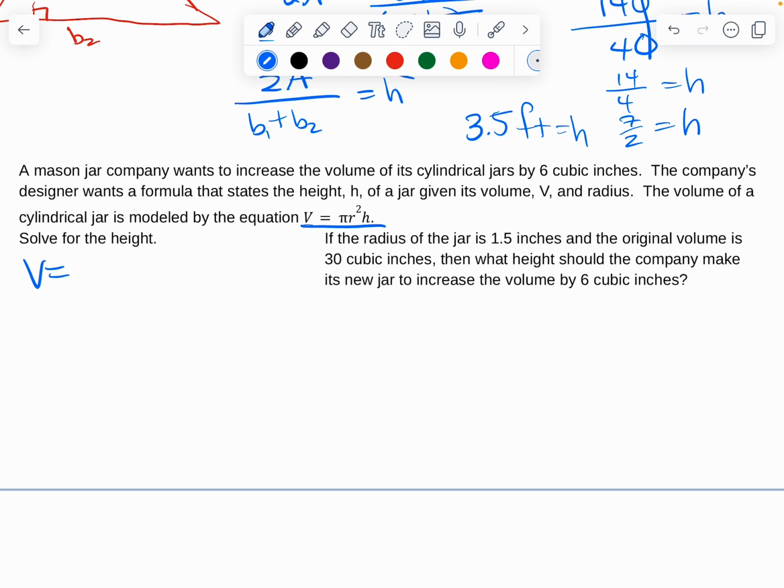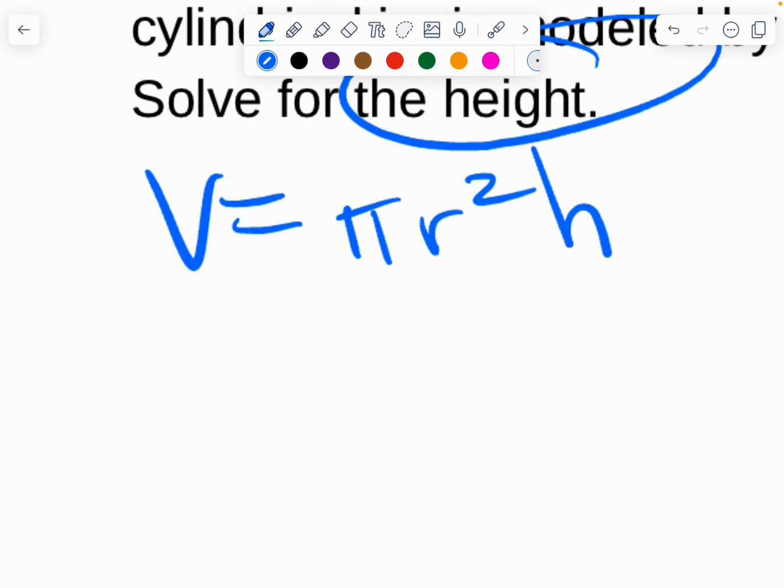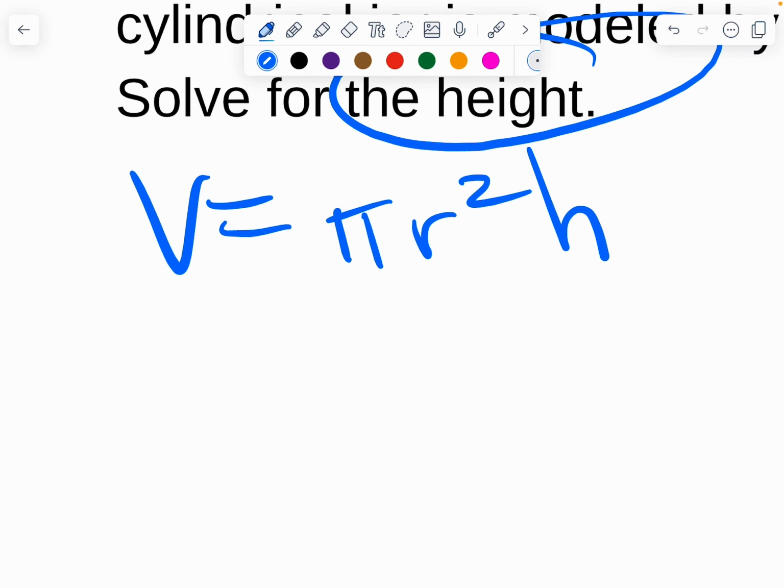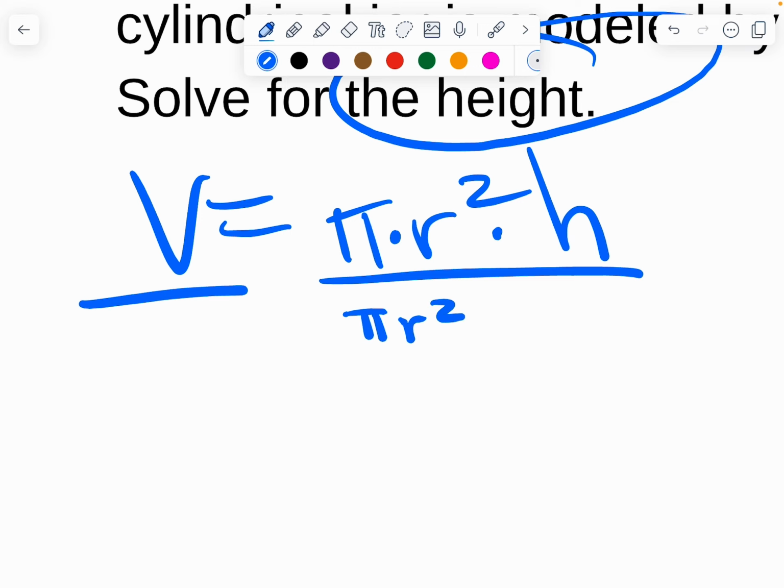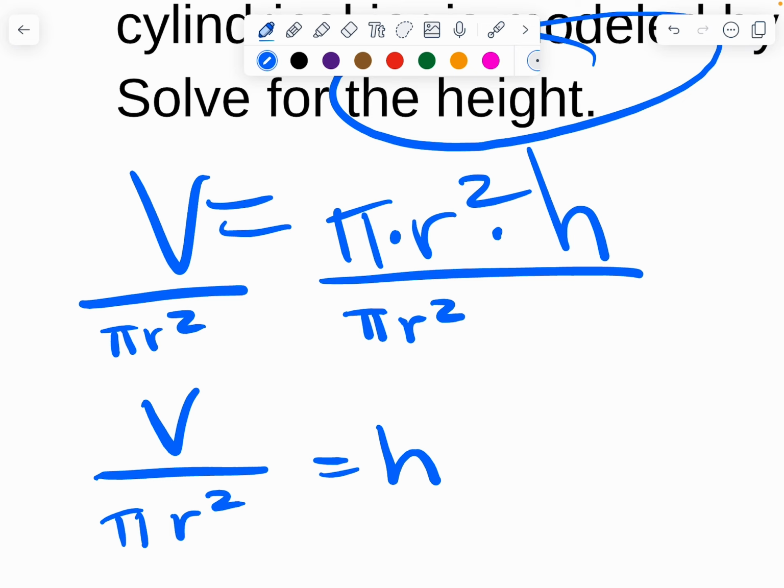V equals pi r squared H, and it says to solve for the height. So these are all multiplied together, so I'm going to divide by pi r squared. Divide by pi r squared. So now I have V over pi r squared equals H.